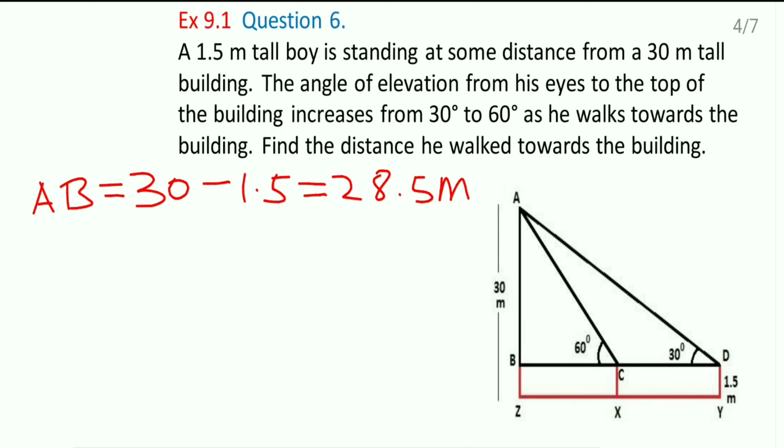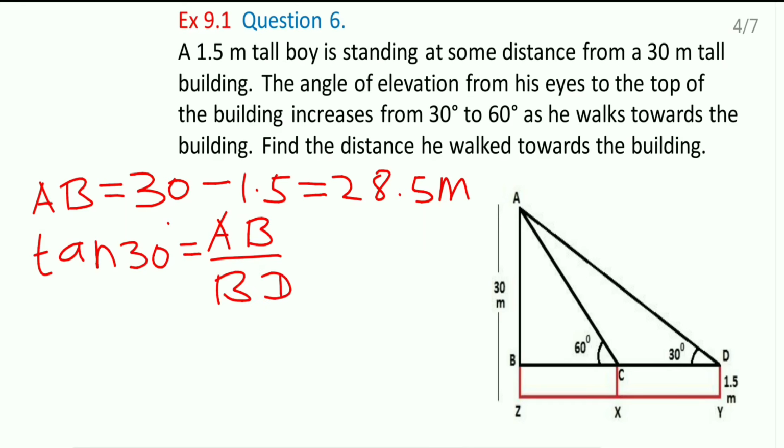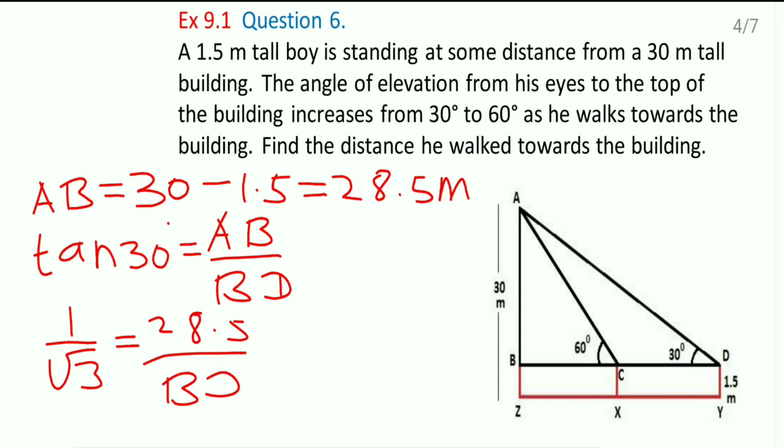First, I will take triangle ABD. In this triangle, I'll take tan 30 degree, which is equal to AB by BD. Tan 30 degree we know is 1 upon root 3, which is equal to AB is 28.5 and BD as it is.